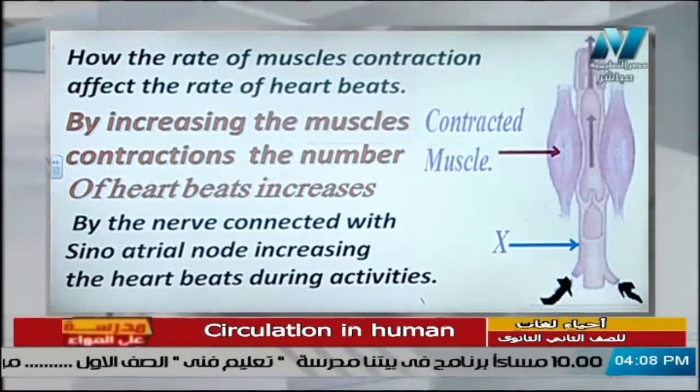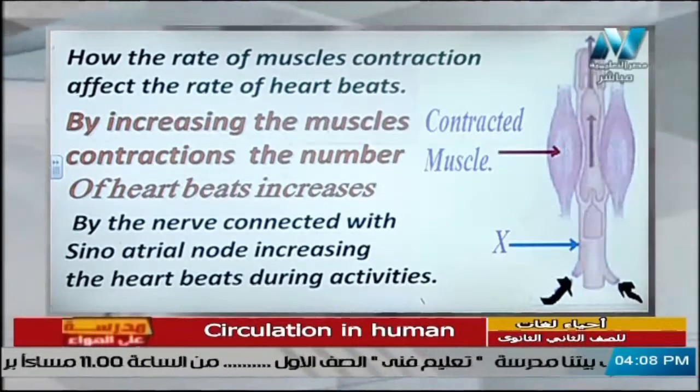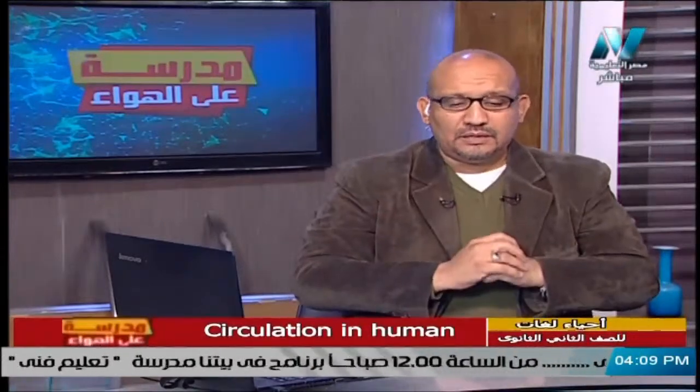Together here, we have blood inside the heart. We have heartbeats: contraction, relaxation, up and up. We have the sinoatrial node buried in the right side of the heart, the right atrium.